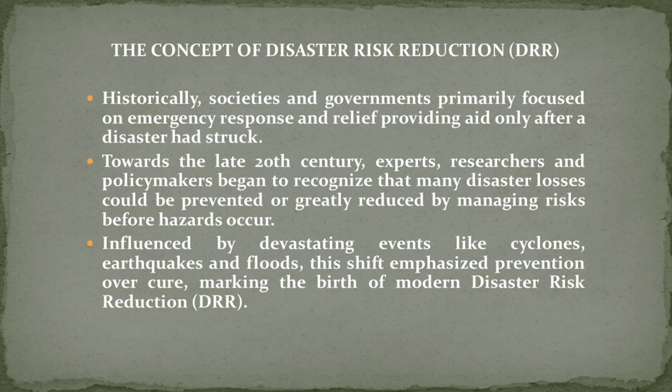However, towards the late 20th century, experts, researchers, and policymakers began to recognize that many disaster losses could be prevented or greatly reduced by managing risk before hazards occur. Influenced by devastating events like cyclones, earthquakes, and floods, this shift emphasized prevention over cure, marking the birth of modern disaster risk reduction, that is DRR.